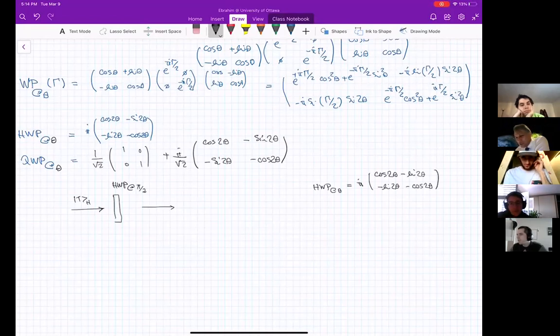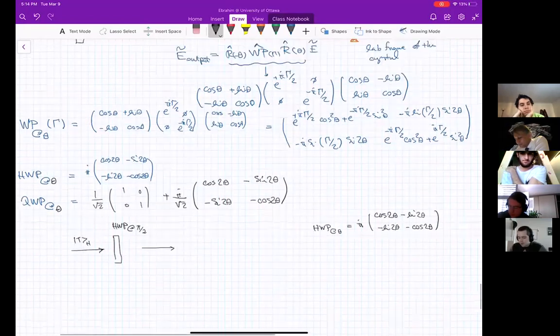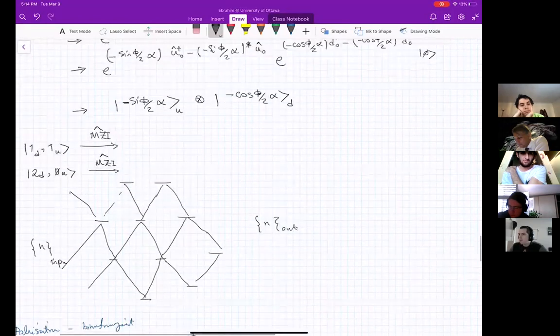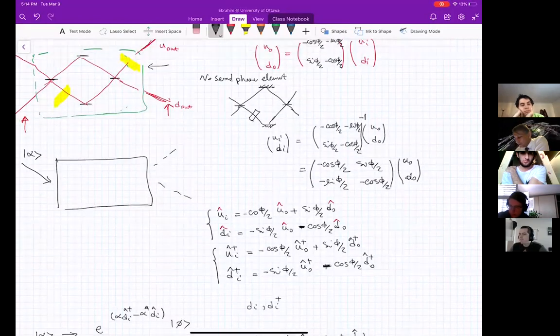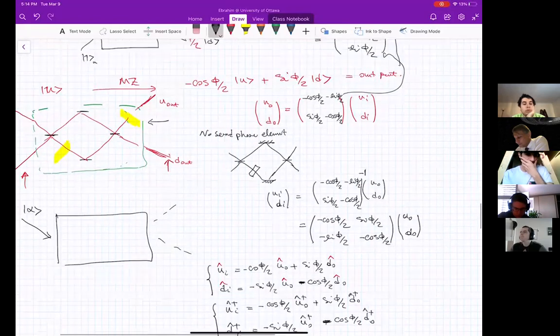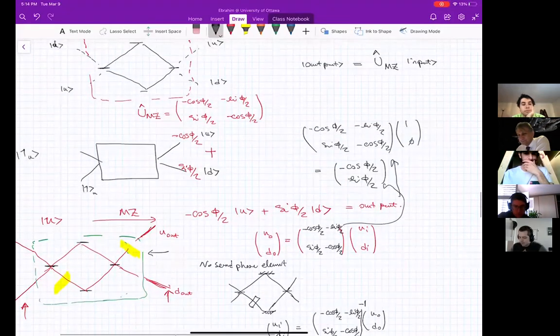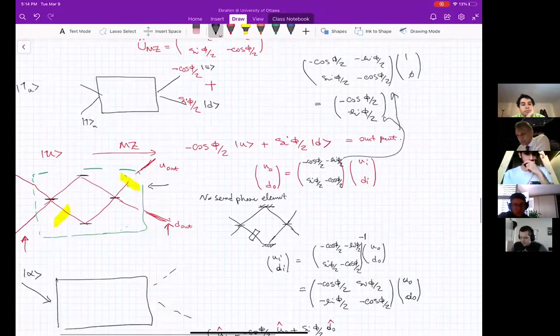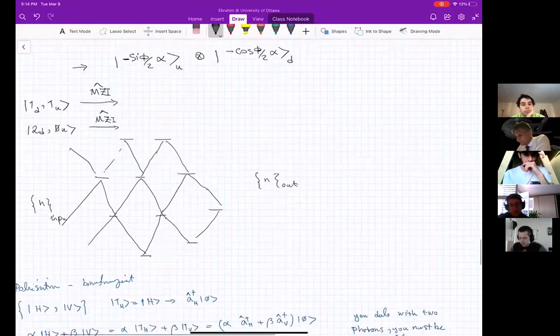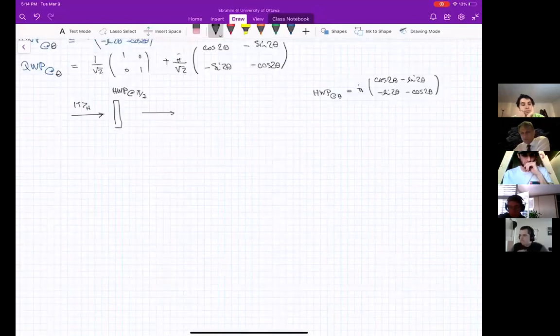Is it very similar to what? Do you remember these? To a Mach-Zehnder. Yeah. Very similar to Mach-Zehnder with a different phase, of course. So I'm sure that the action of a half-wave plate will also be similar to a Mach-Zehnder with a phase, of course. I mean, that can be resolved later on.